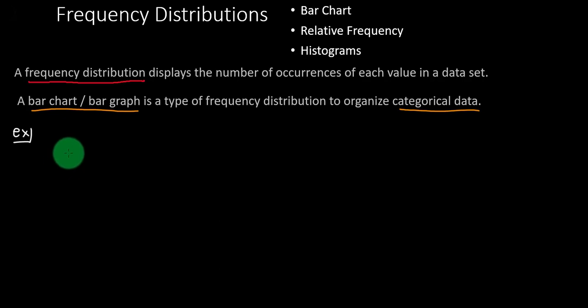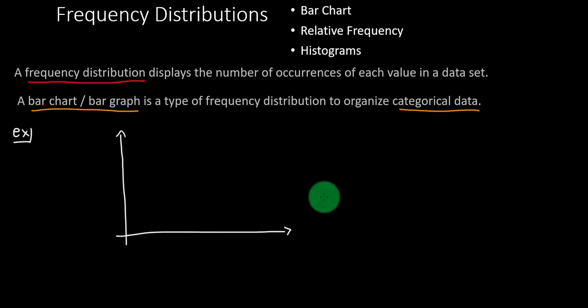I've got a fictitious data set in mind, and I'm going to lay down a set of axes. On the horizontal axis is where we usually name the variable of interest, and for my variable, which we saw in a previous video, I'm going to call this teacher rating.